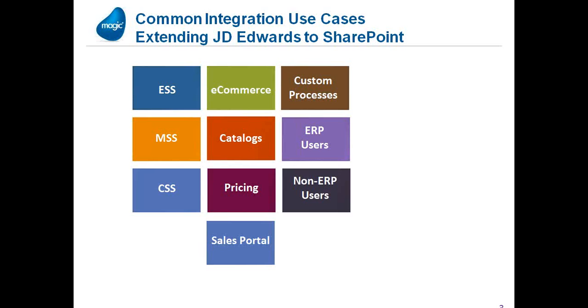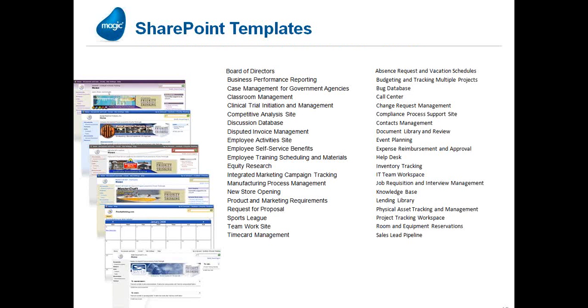And then there's the whole area of custom processes that we just talked about a moment ago that are facing both ERP users and non-ERP users with incredible new capabilities that integrate not only to JD Edwards, but also to other enterprise software such as a third-party CRM system, supply chain management, logistics systems, HR systems, and so on that might be supplemental. These may be Oracle Edge applications, other Oracle business applications, or third-party applications.